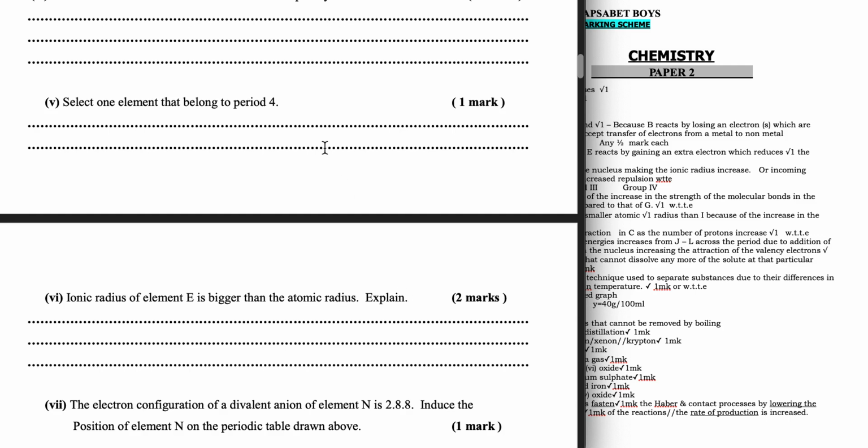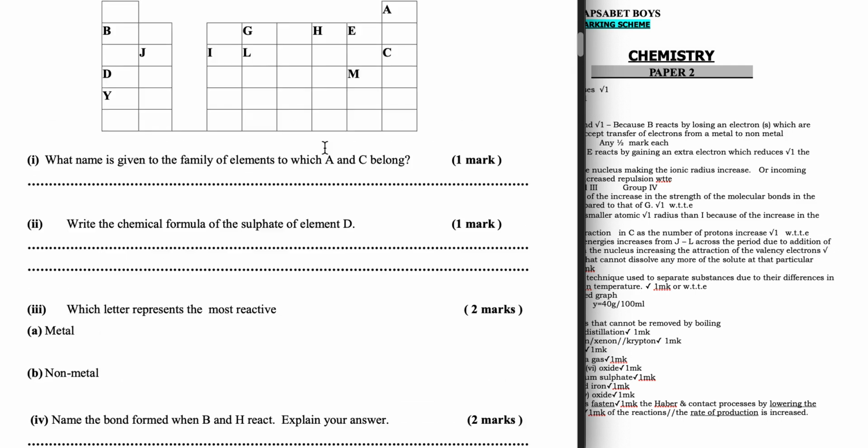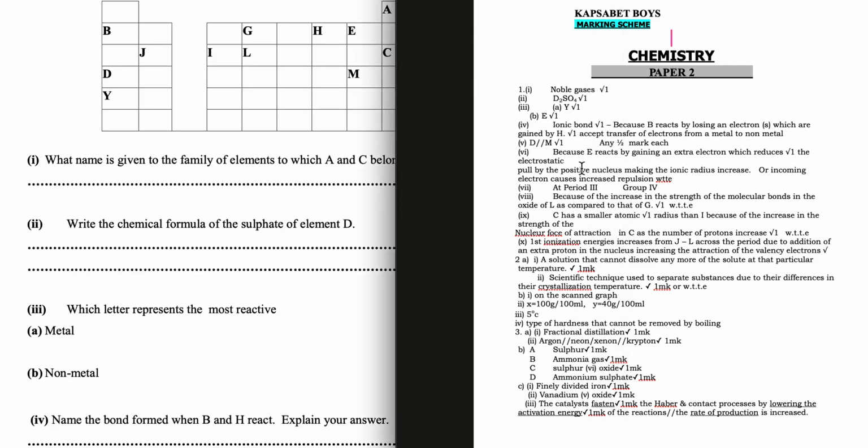Explain. Because E reacts by gaining an extra electron which reduces the electrostatic pull by the positive nucleus, making the ionic radius increase. Or you can say the incoming electron causes increased repulsion.